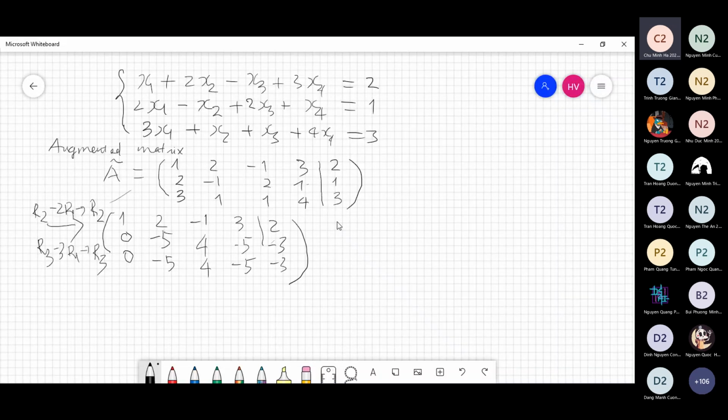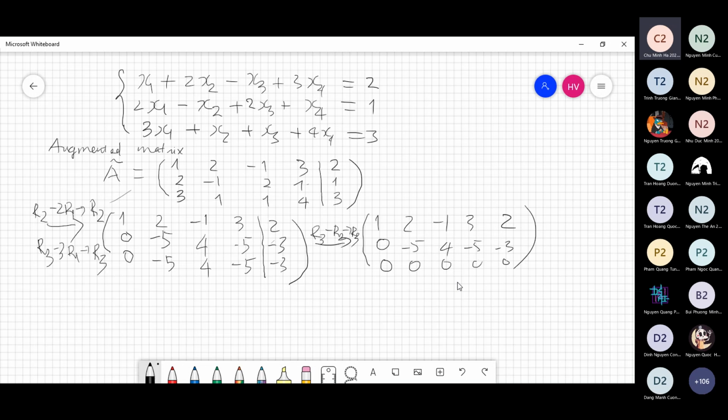If you like, you can make a slash here. And now you just multiply by minus 1 and add this here. It's easy now, right? 0, minus 5, 4, minus 5. And here you do row 3 minus row 2, replacing row 3. So we obtain 0, 0, 0, 0.